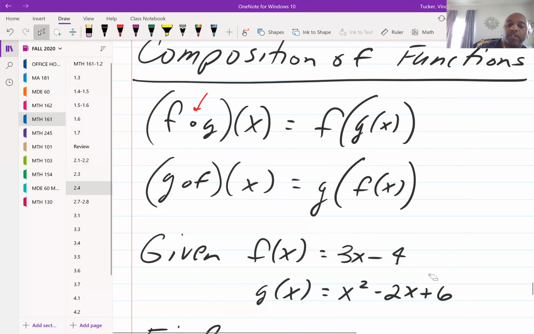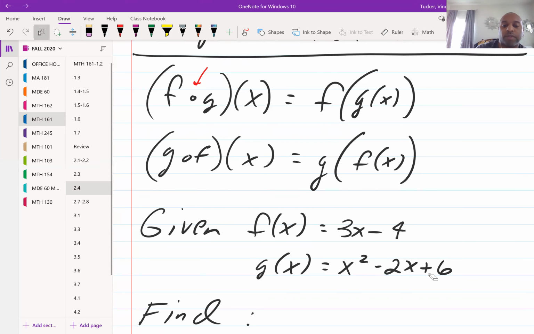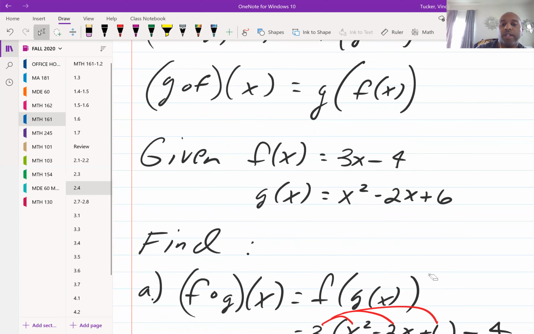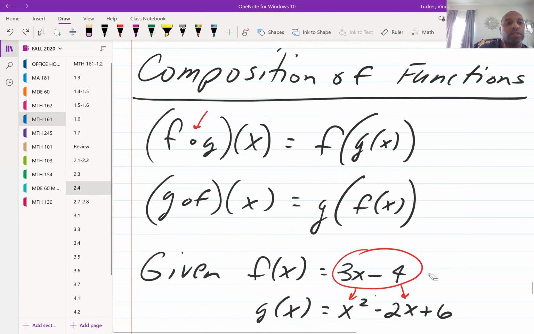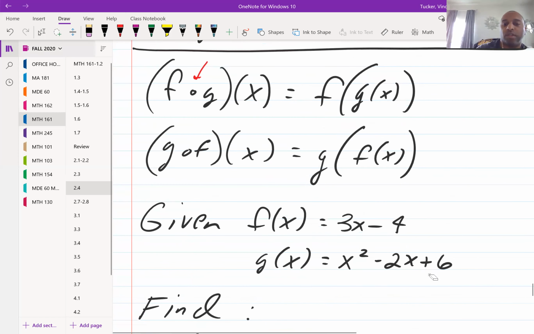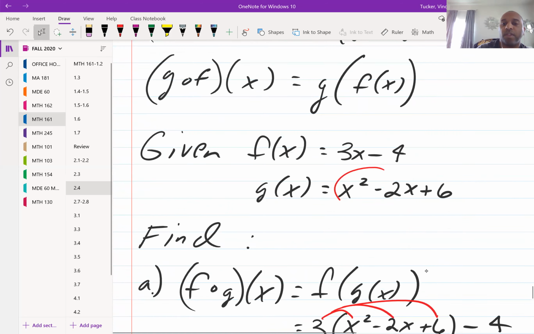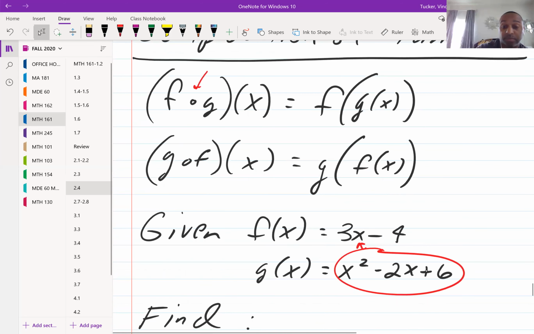All right. So they give us the two functions, f of x is 3x minus 4, g of x is x squared minus 2x plus 6. And they want us to first find f of g of x. That means I'm going to take this g function and plug it into f of x.